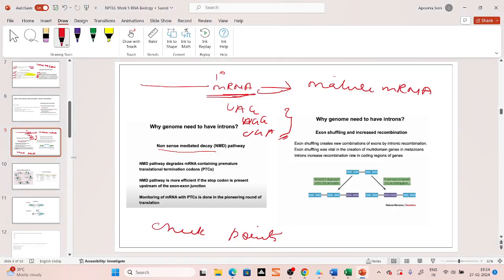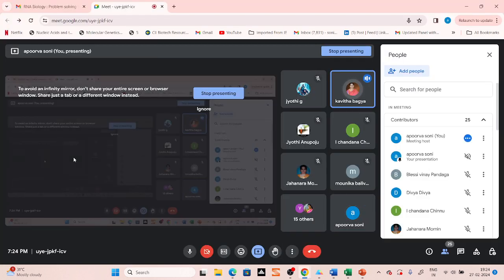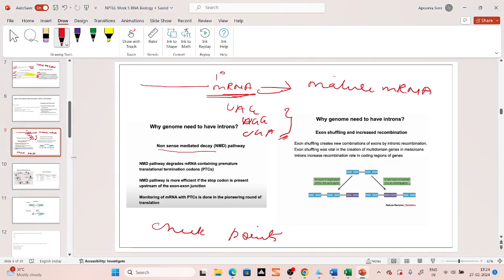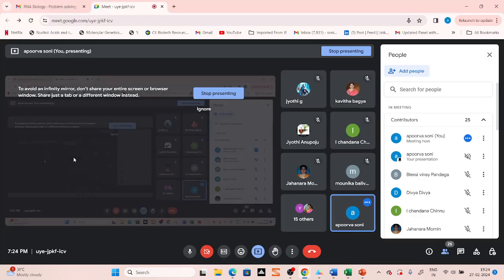Think. It is related to mutations. If you know that there are different kinds of mutations: missense mutation, nonsense mutation. So does anybody know what is a nonsense mutation? Any idea about what is a nonsense mutation?